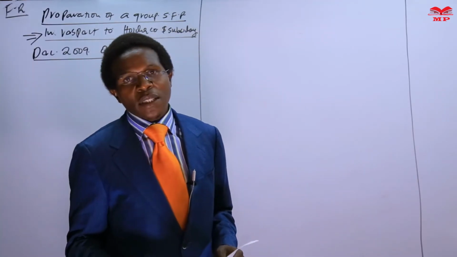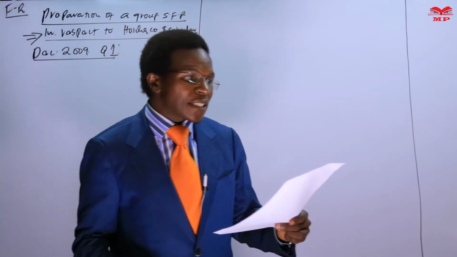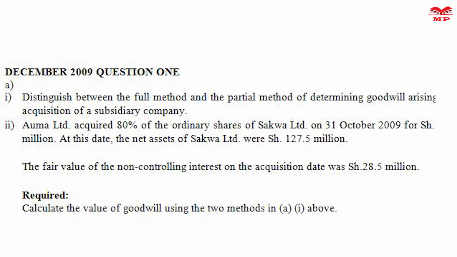That's important. Now, friends, we look at the next item. Roman 2: Auma Limited acquired 80% of the ordinary shares of Sakwa Limited on 31st October 2009 for 117 million. At this date, the net assets of Sakwa Limited were 127.5 million. The fair value of the non-controlling interest on the acquisition date was 28.5 million.